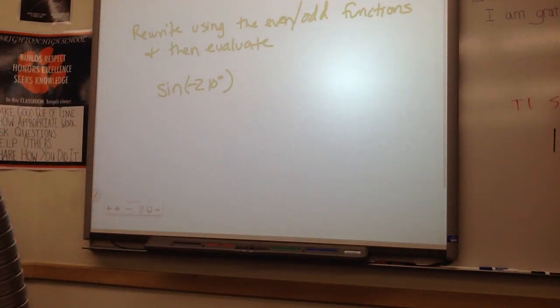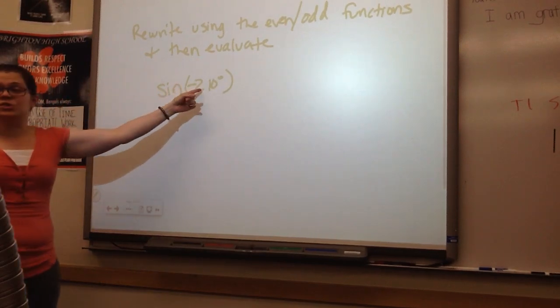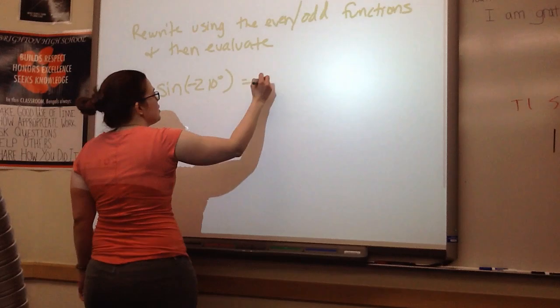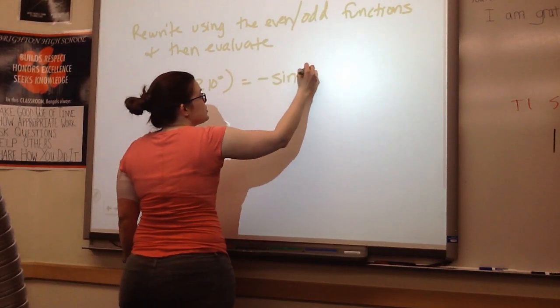First of all, is sine even or odd? Sine's odd. So that means that it's the opposite of sine of the original number. So this is the same thing as the opposite of sine of 210.